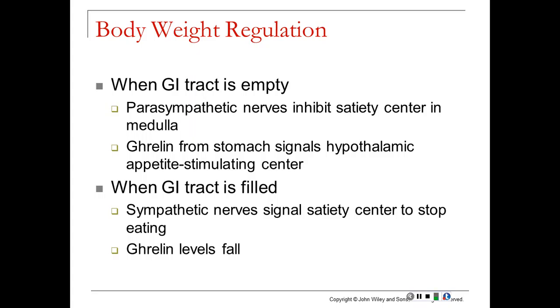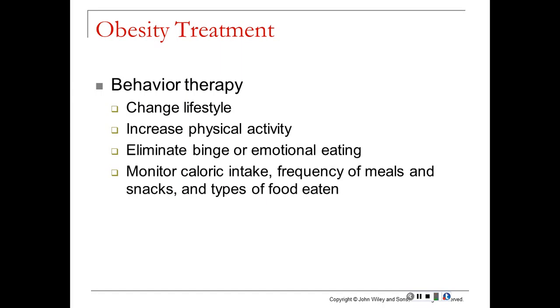Ghrelin is going to signal to the hypothalamus appetite stimulating center and say, hey, we're hungry, our stomach is empty now. When the GI tract is full, the ghrelin levels fall. Sympathetic nerve signals satiety to stop eating, so that's when you say, woo, I've had enough. When those ghrelin levels fall and the sympathetic nerves stop sending their signals.